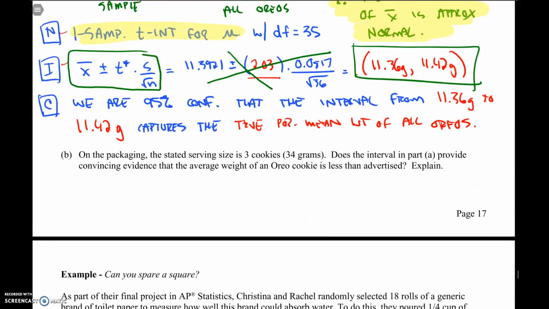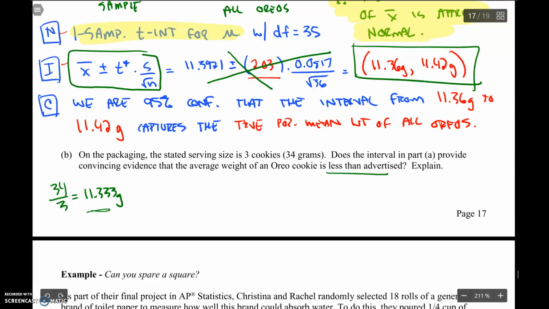On the packaging, the stated serving size for 3 cookies was 34 grams. Does the interval in Part A provide convincing evidence that the average weight is less than advertised? Well, 34 divided by 3 is 11.333 grams.